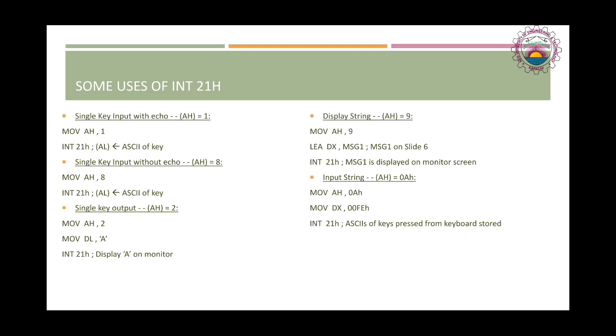When interrupt 21H is executed, you will be able to type some message or a number or special character from the keyboard. But the microprocessor will store those inputted characters in memory at offset DX plus 2 within the data segment. So that is the implicit operation.